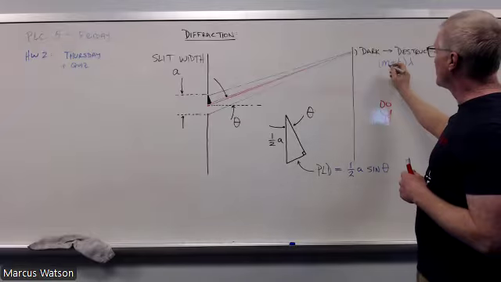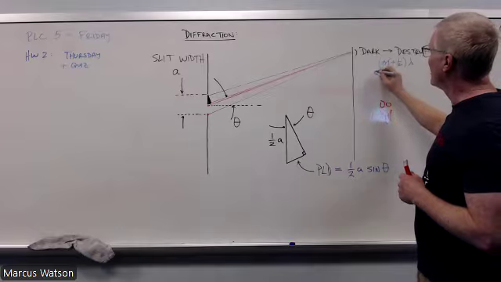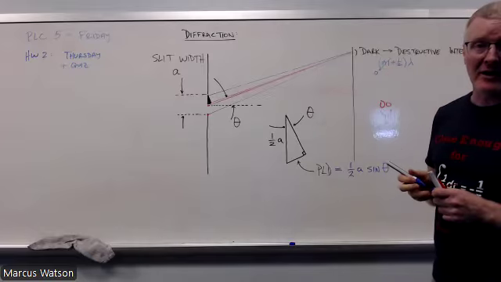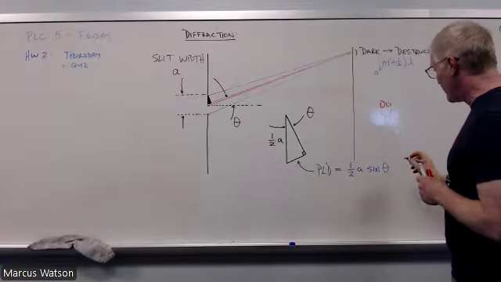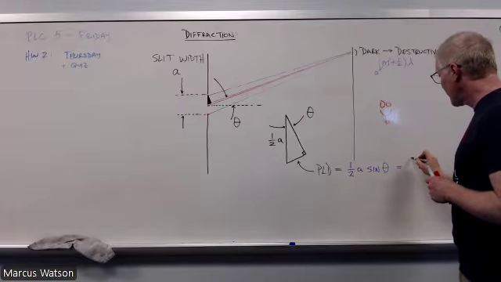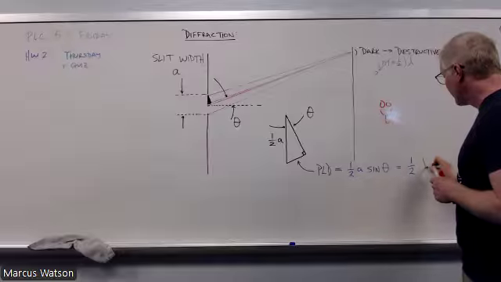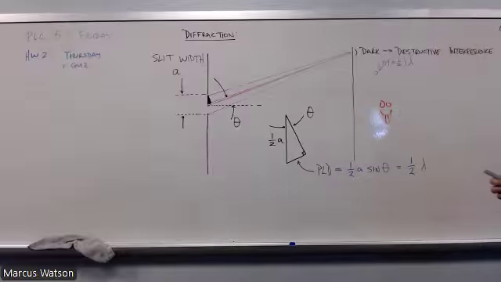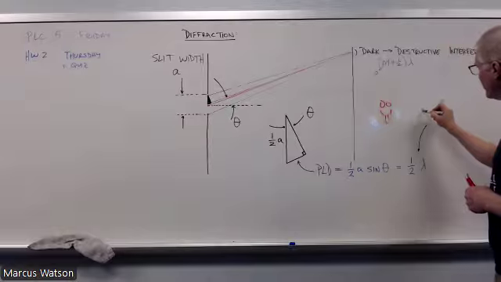And if it's the first one, m is 0, and it's really just a half a wavelength off. Therefore, down here, I would say 1/2 wavelength. This is for the first dark spot.